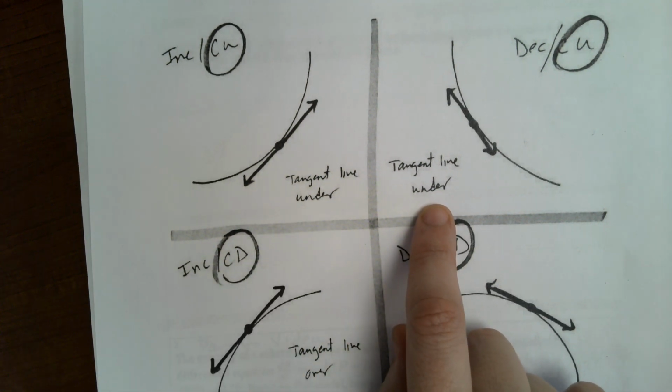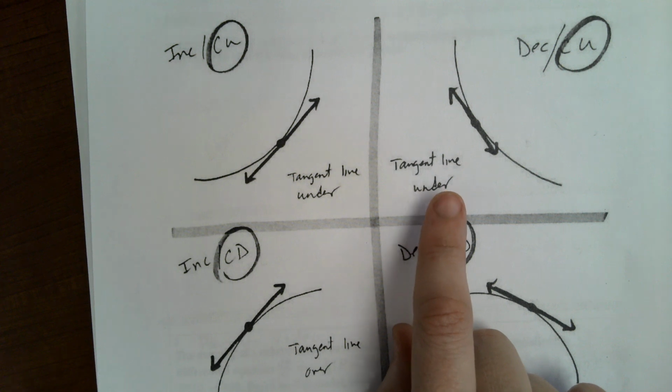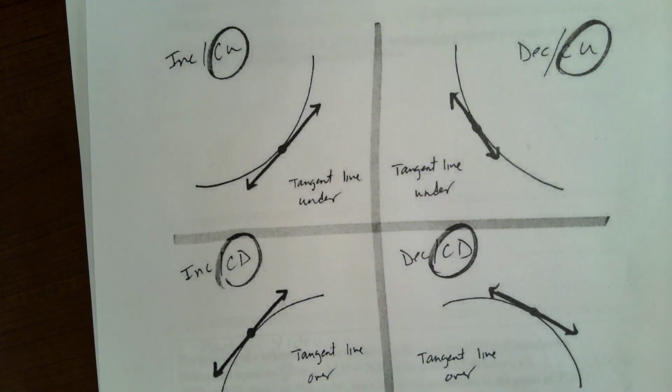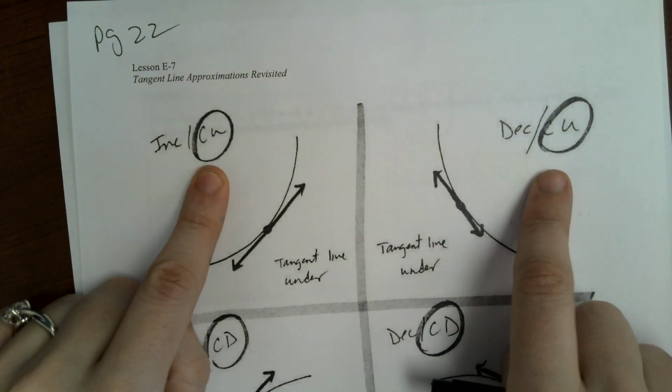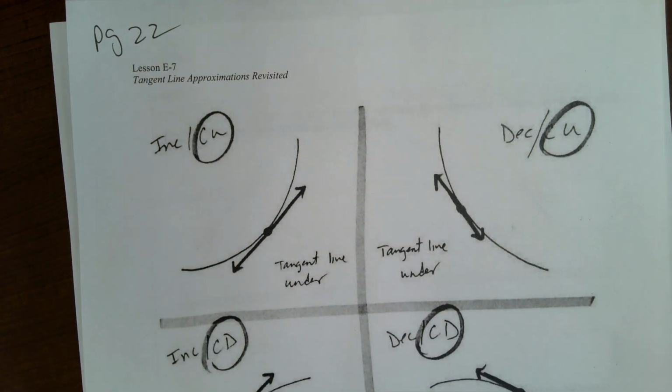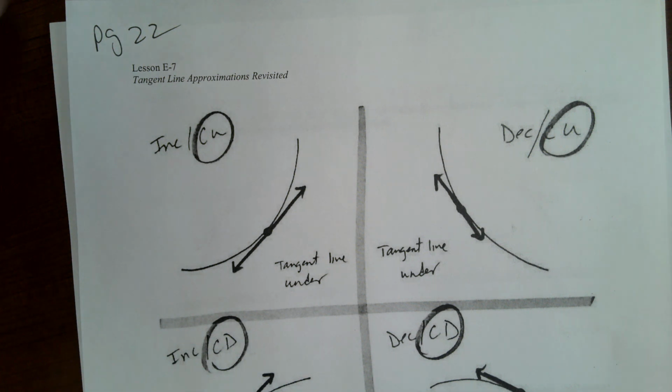That means that if you're going to use the tangent line to estimate the graph's y values, you're always going to be getting estimates that are below the actual y value. So in the case of concave up, no matter whether the graph is increasing or decreasing, concave up alone will let you conclude that you have an under approximation.